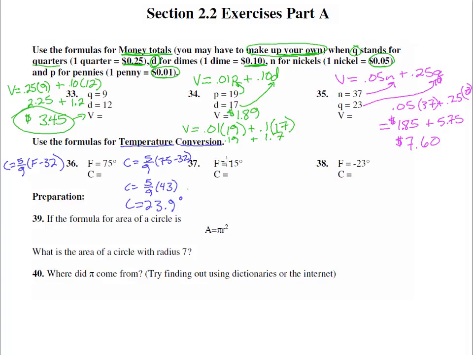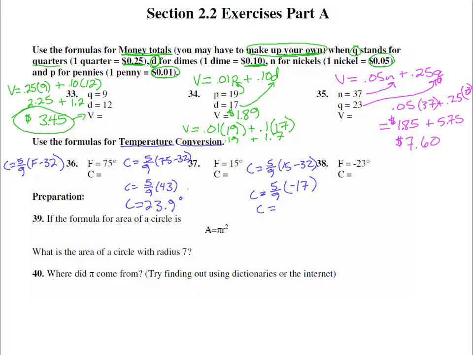Number 37, F is 15. So again, we're going to stick that 15 in where the F is. And we get C equals 5/9 times 15 minus 32. 15 minus 32 is negative 17, which 5/9 will then multiply. So, I wonder what this is going to be.